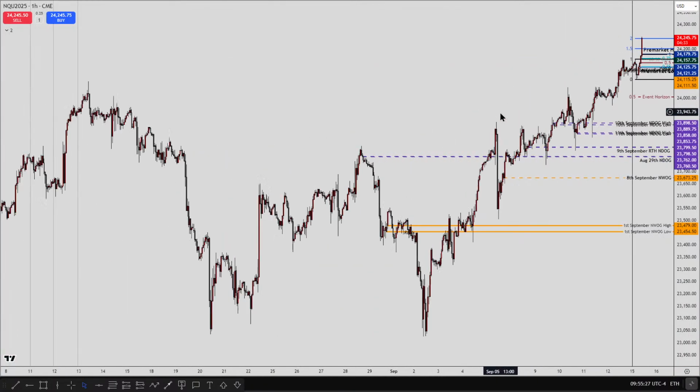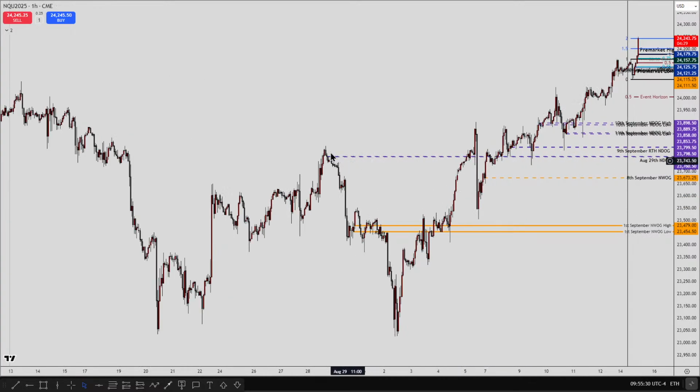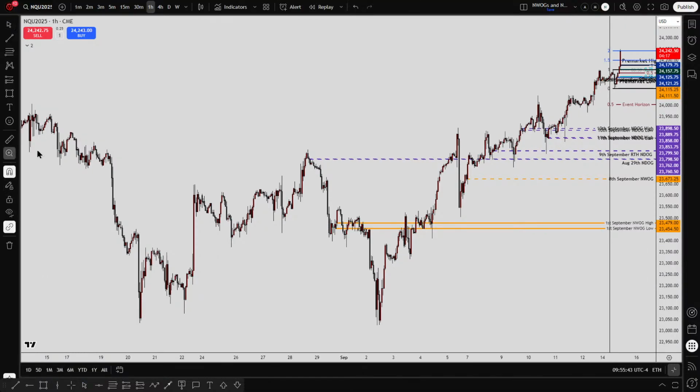Okay, if you zoom out on your hourly chart, and then you come down to August the 28th, and you're looking at it from September the 5th.